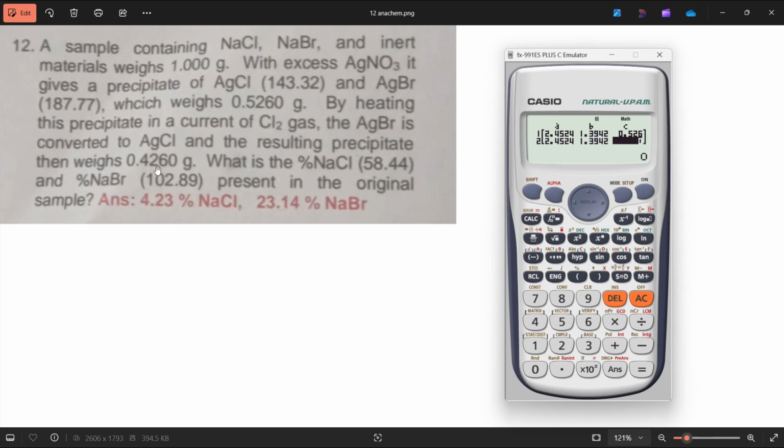After plugging that in, we also plug in the resultant precipitate, which is 0.4260 grams. Now that this is complete, we just continue pressing the equal sign. It says no solution. Okay, how do we do this?